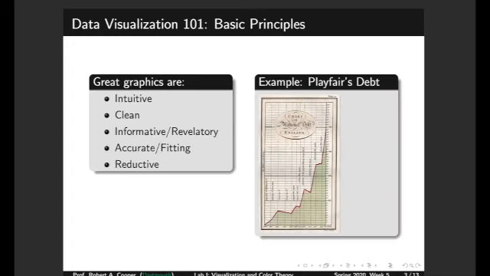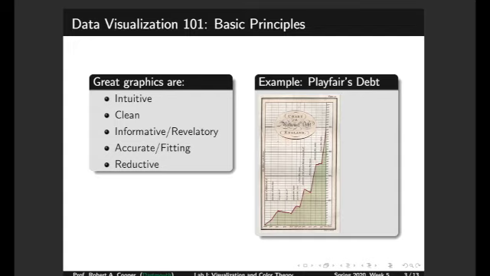Great graphics are essentially very intuitive, they're clean. Nobody wants to see how you labeled your data in your data set. Those things need to be cleaned up. They need to be informative. There should be some new story being told by the visualization that you couldn't tell just with a table of numbers or potentially the paper itself if you're writing a paper.